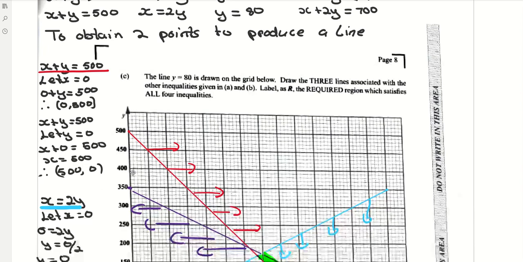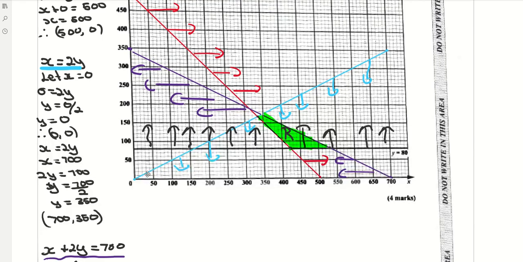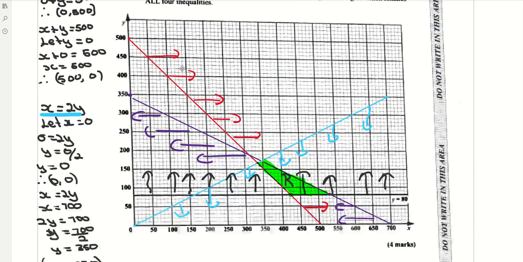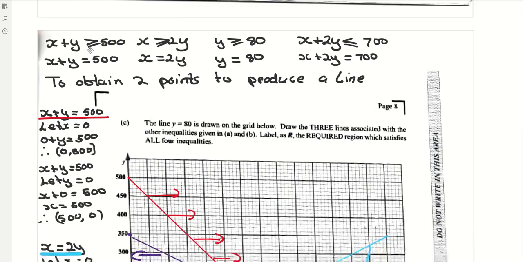Let's say x was 400. What would y be equal to? We want values that are more than 500. So that is why my arrows are going after your 500. We're looking for values after 500. They told you that: more than or equal to 500.